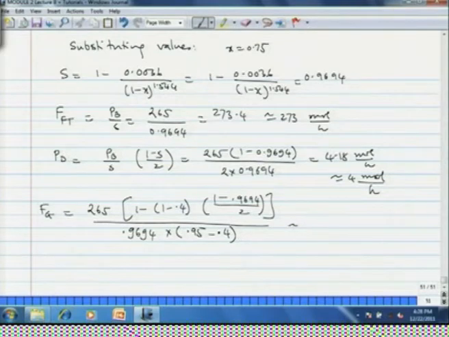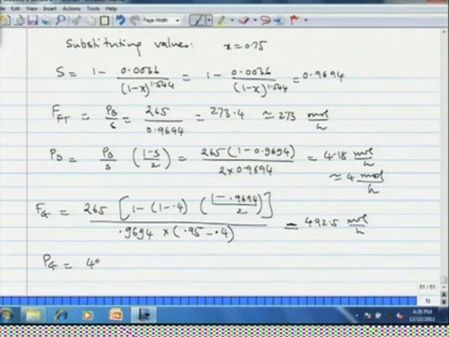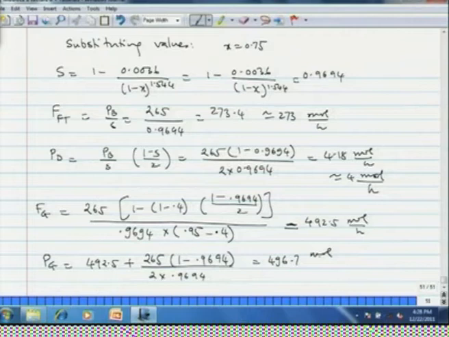So this is 492.5 mole per hour, and purge gas is 492.5 plus 265 into 1 minus 0.9694 divided by 2 into 0.9694, which is equal to 496.7 mole per hour.